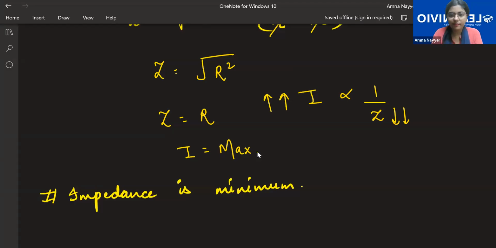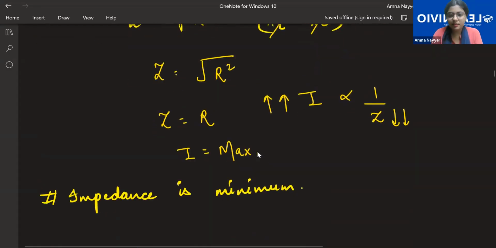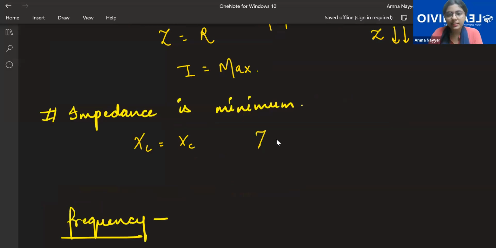Now, if impedance is minimum, the value of Z is just equal to R. Yes, if XL is equal to XC, we can say Z is equal to R. If Z is just equal to R, then our current I_RMS will be E_RMS by Z, but your Z is equal to R, so you can use this.